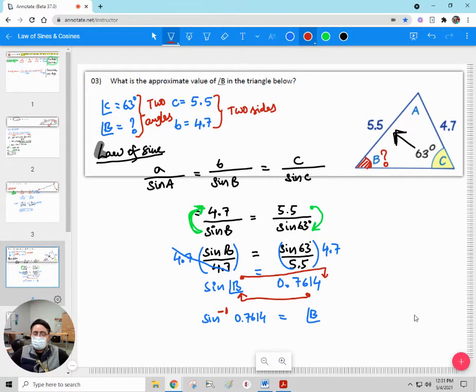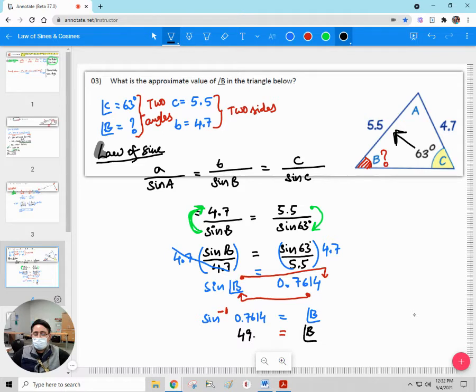Well, in the previous classes, I already explained how to make use of Desmos. So I'm not spending much time on that, but I'm using my TI-84 calculator. So second sine 0.7614, that is giving me 49.58 degrees.